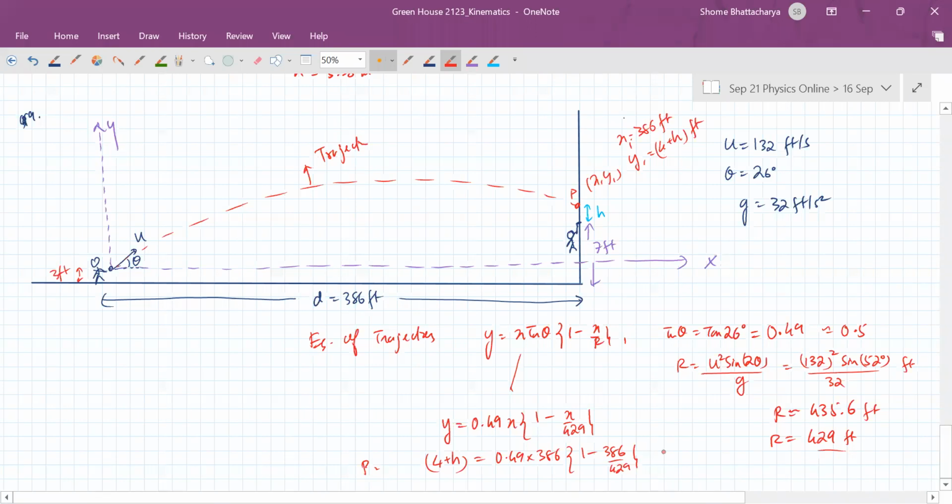So this will come out to be almost 19 feet. So H will come out to be almost 15 feet.